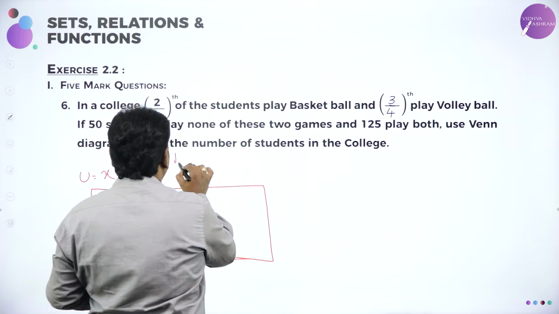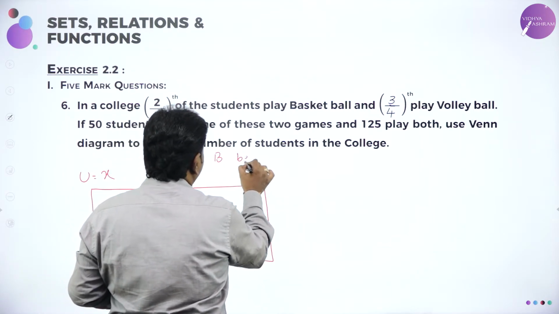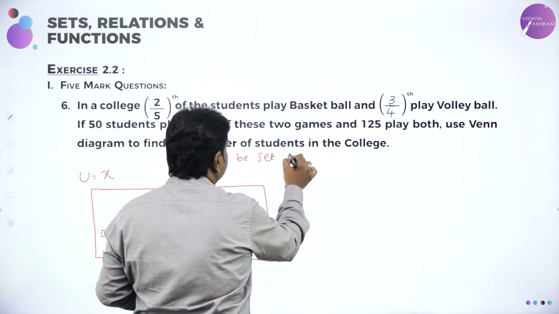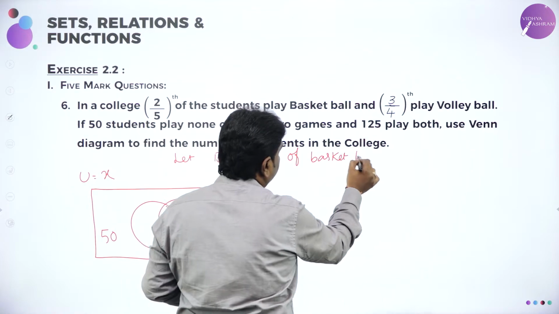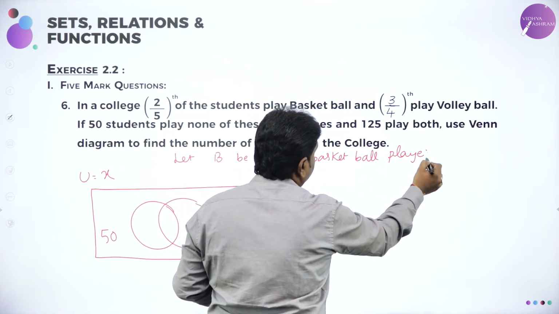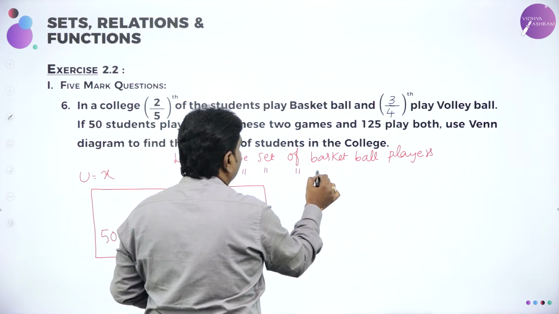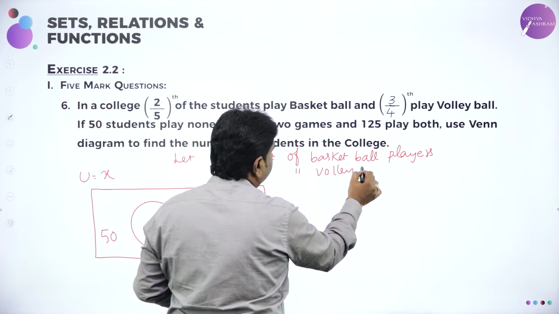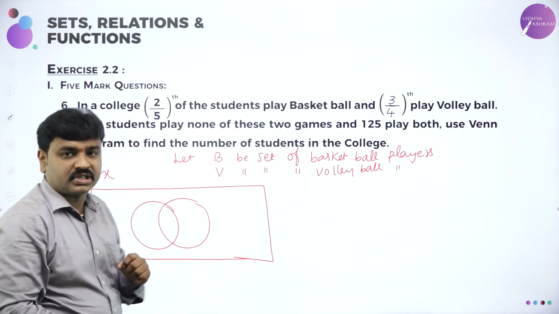So, let B be the set of basketball players, and V, capital V, be the set of volleyball players. So, this should be your assumption.